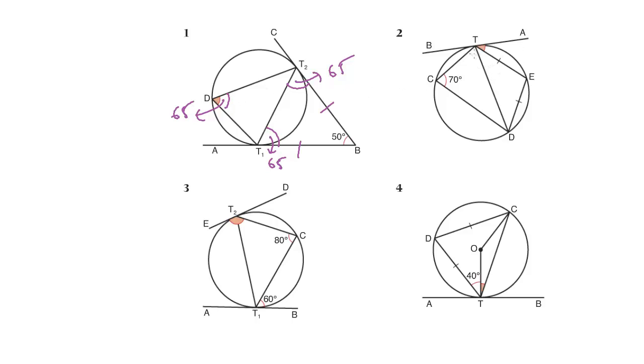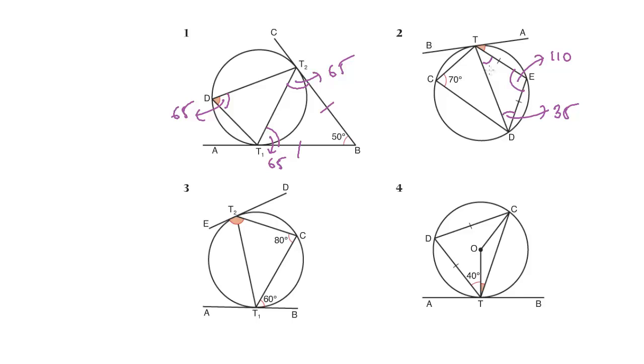The next one, we know that inside a cyclic quadrilateral, opposite angles should add up to 180 degrees. So this is 70. 180 minus 70 is 110. Now it is given these two sides are equal, so the base angles should be equal. The base angles are 180 minus 110, which is 70, divided by 2 is 35.